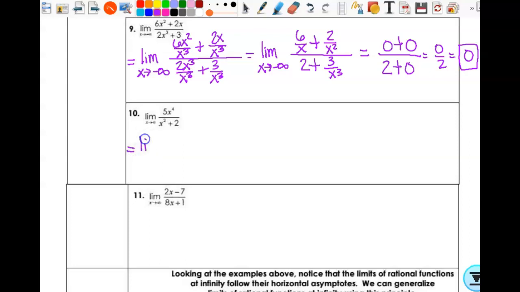This is the limit as x approaches infinity, and the highest exponent in the denominator is x squared. So this is going to give me 5x to the 4th over x squared over x squared, plus 2 over x squared.